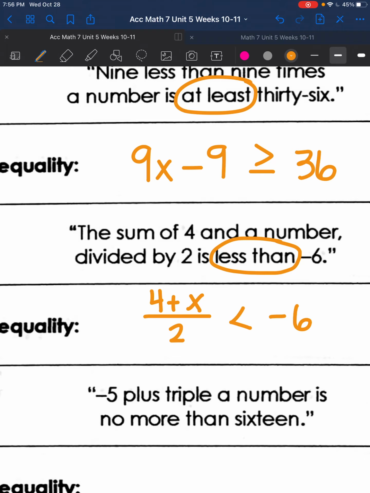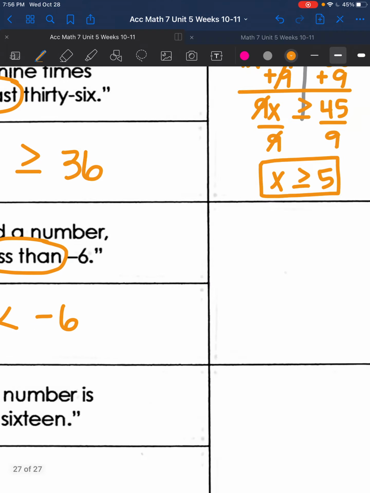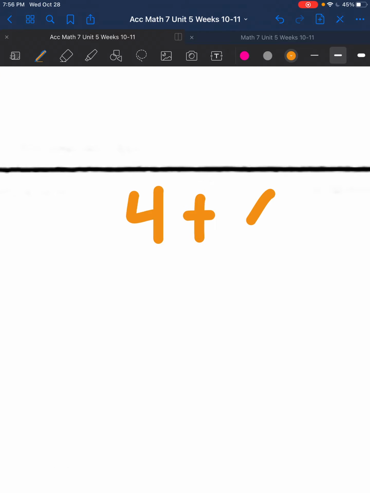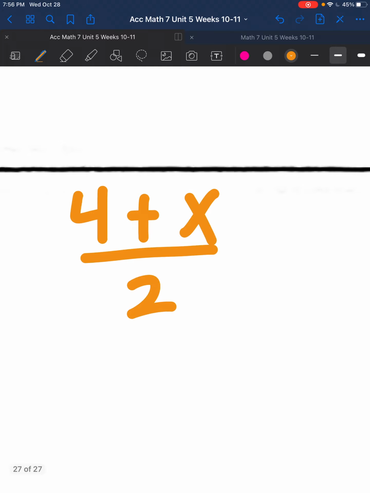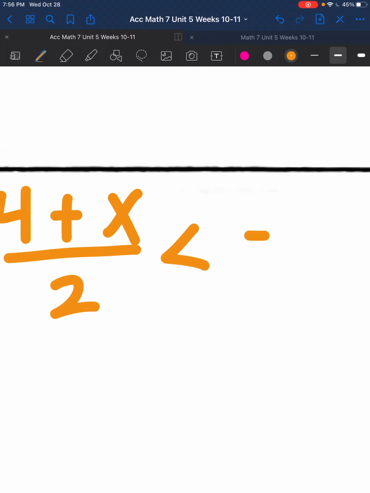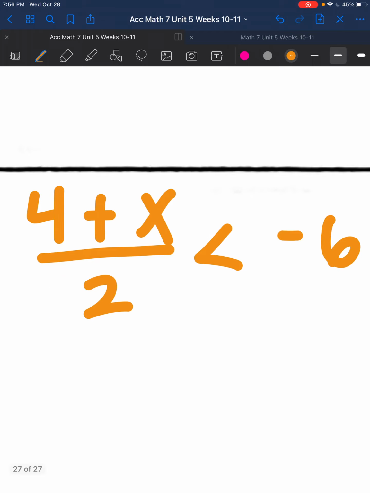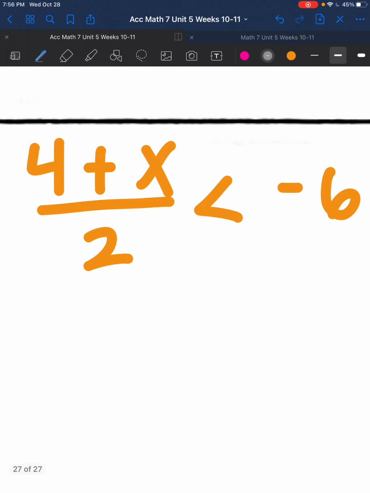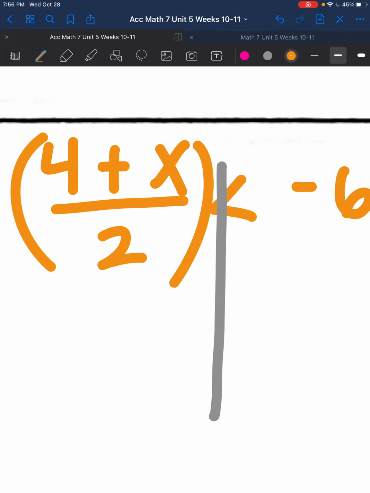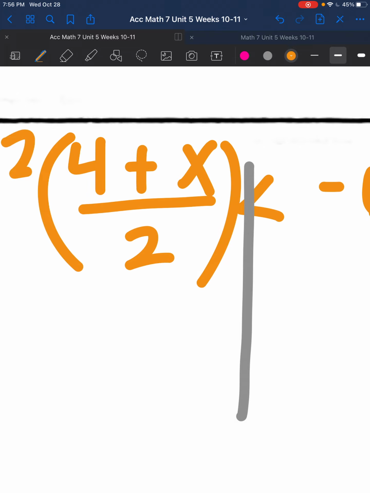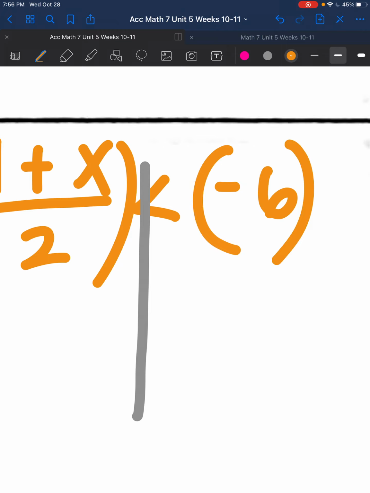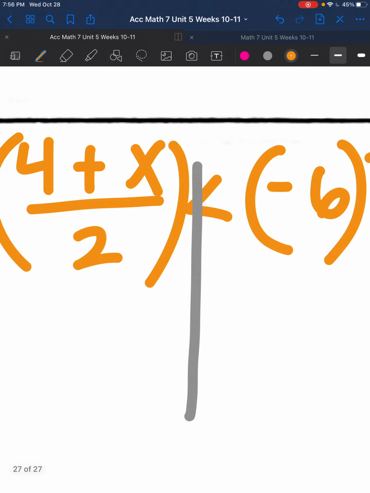So now we've written our inequality. Let's go solve it. So we have 4 plus x all over 2 is less than negative 6. Now, in order for me to solve this, the first thing that I want to do is multiply by 2 on both sides. And the reason I do that is because it clears my fraction.